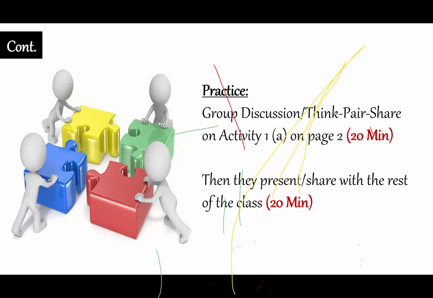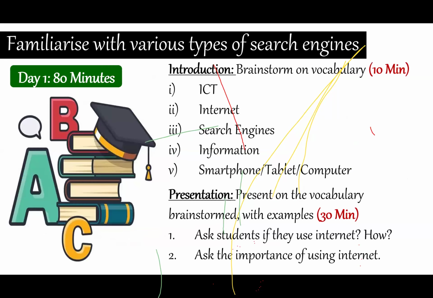Okay, so I think this is the question on the part where you ask the students the 2 questions, right? So if they don't use smartphones, if they don't use internet, and you also have a question on the importance of using internet, then you might tell them the importance of using internet from your perspective, because at the end of the day, they are going to practice using it.